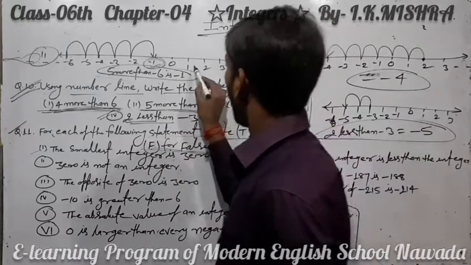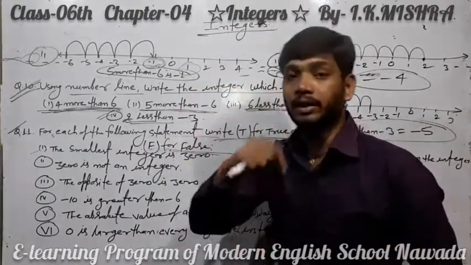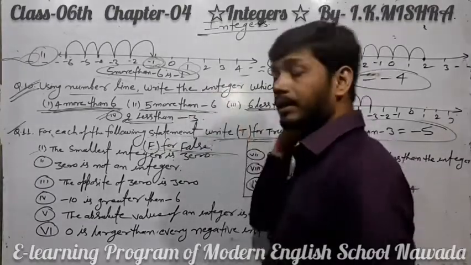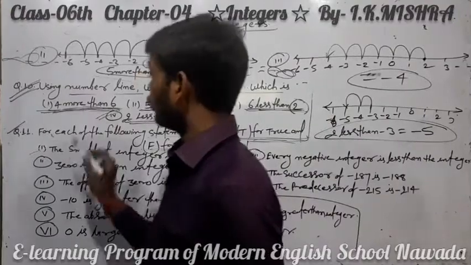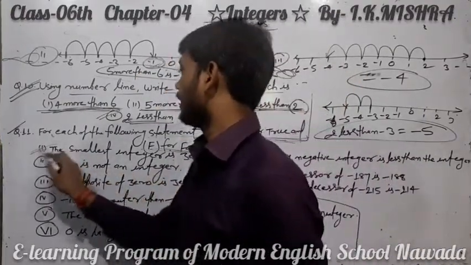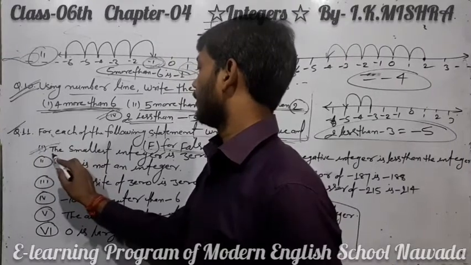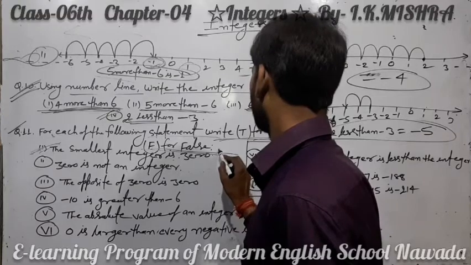Here 1 is the smallest positive integer, not the largest or a smallest integer. Here there is no possibility to write a smallest integer. So students, this statement, the smallest integer is 0, is false.